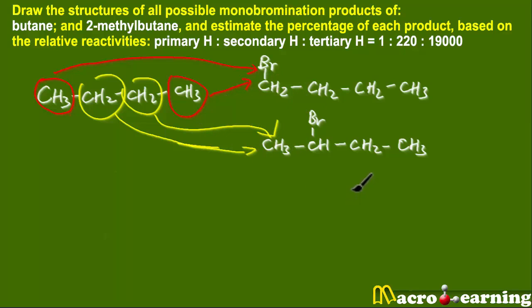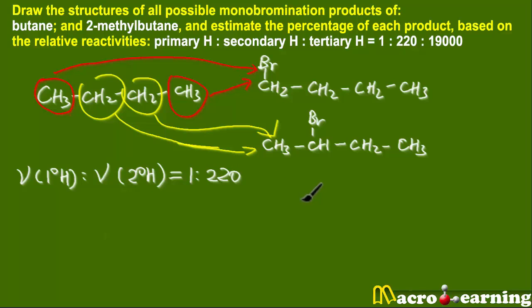So the product ratio would be, let's see, what we have is the relative reactivity of primary hydrogen to secondary hydrogen equaling 1 to 220, right?